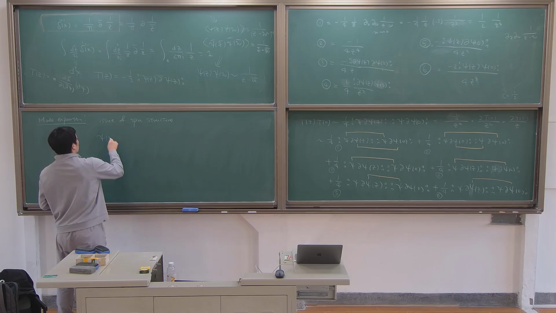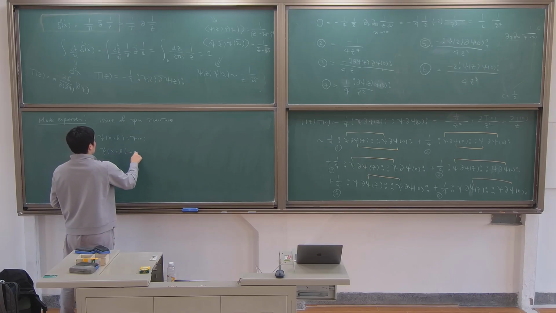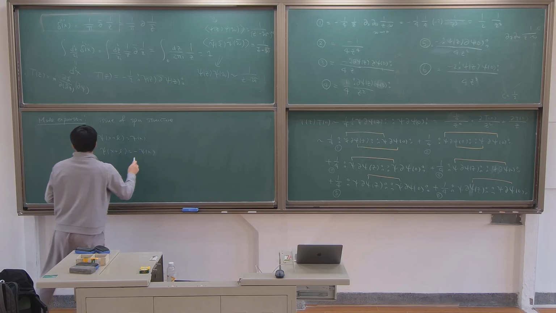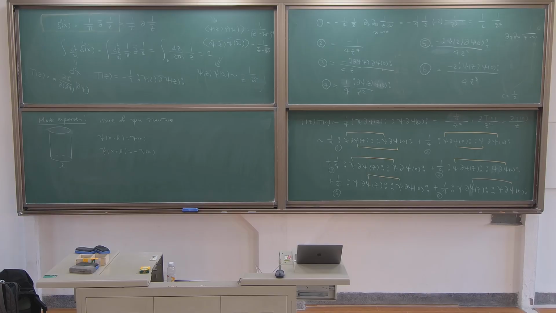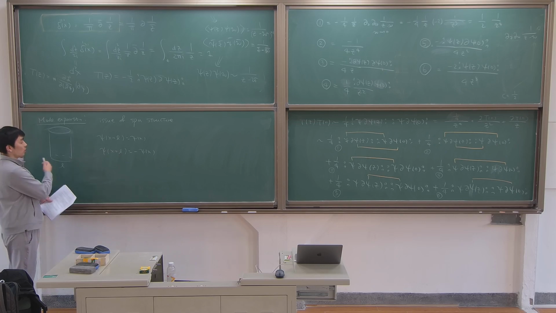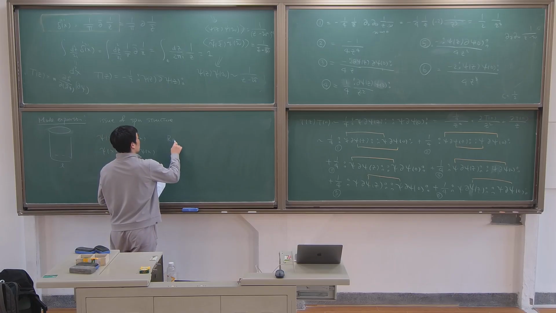So on the cylinder, with length L like this, if you go back, then you have to impose periodic conditions for Ramond.